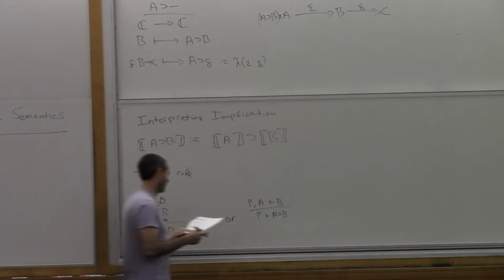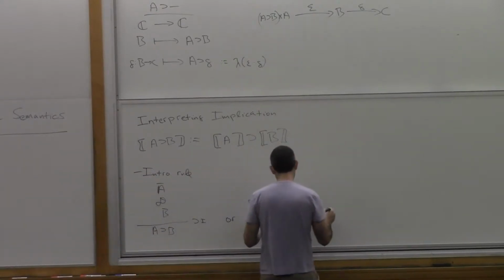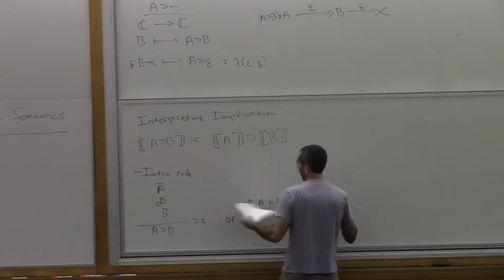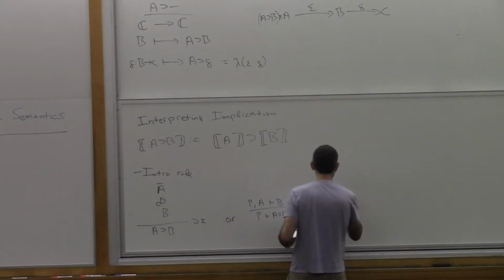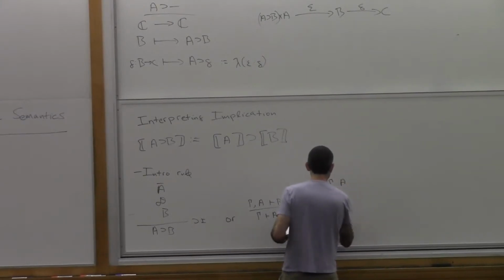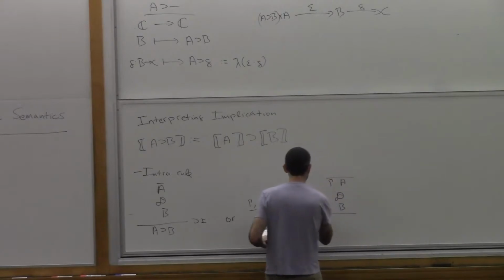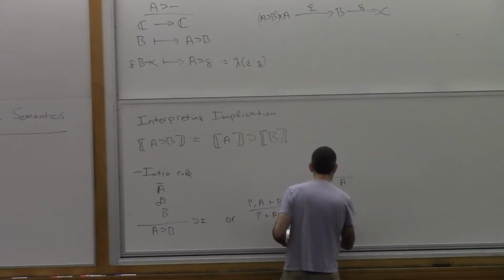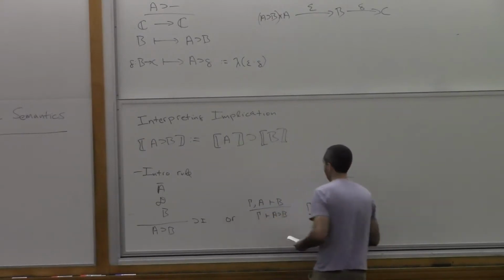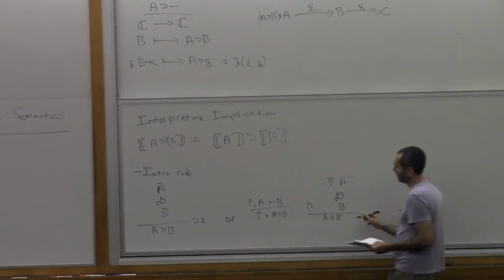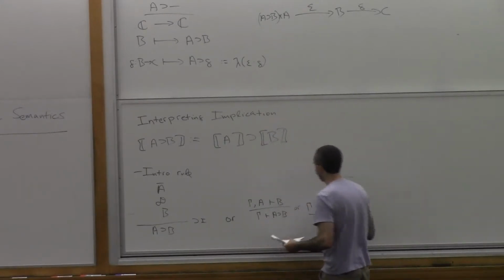Okay, and now in the not quite legit notation that I've been using, I can say, combine these and say if from gamma together with A, I can infer B, then I can cancel those assumptions, and from gamma alone, infer A implies B. So these are different ways of expressing the same idea.